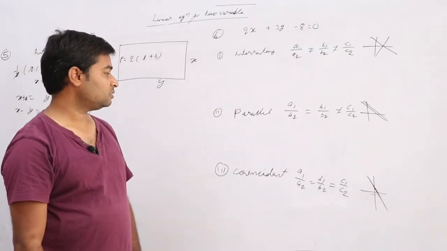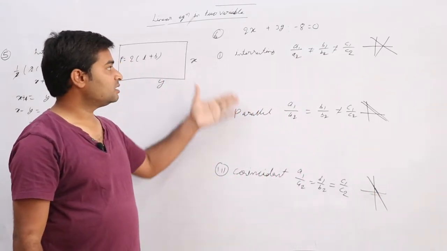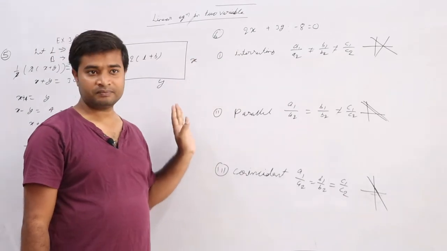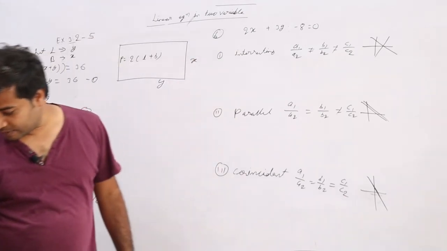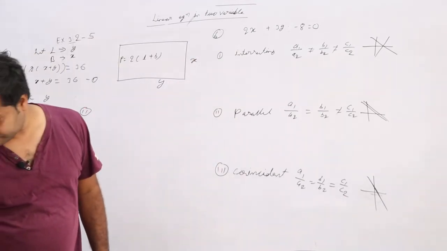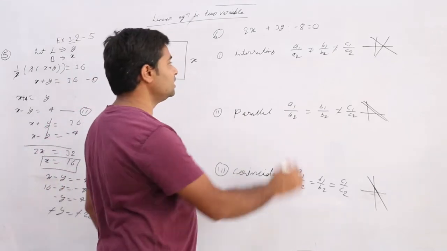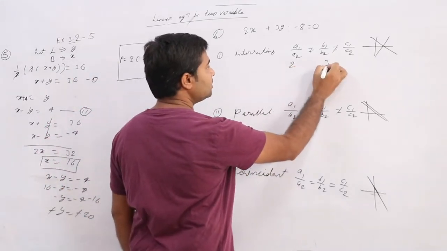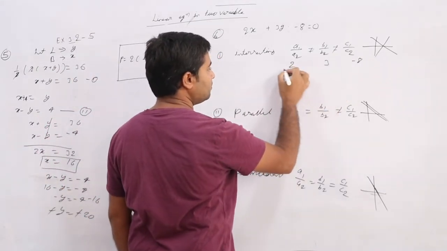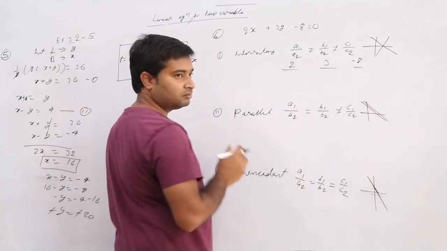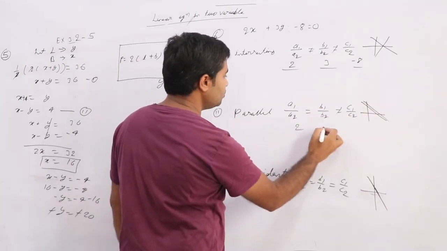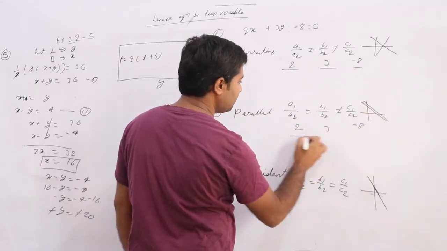Yes or no? Now it is saying to find the three equations. Anything can be possible. So see, 2, 3, minus 8 by. Here also write 2, 3, minus 8 by.